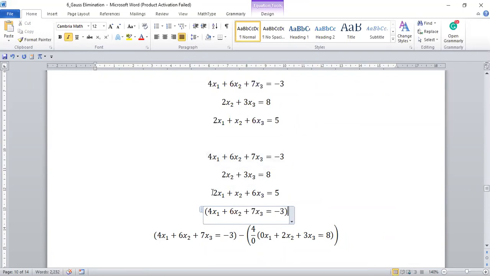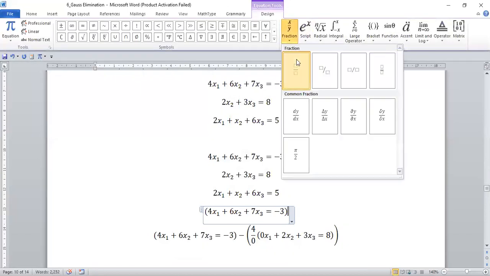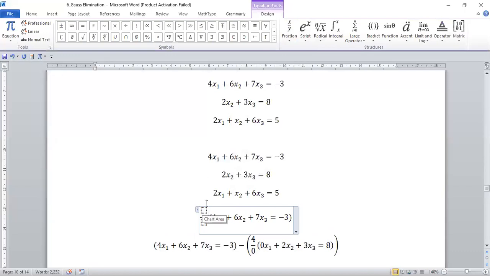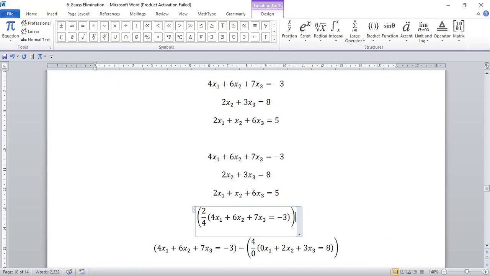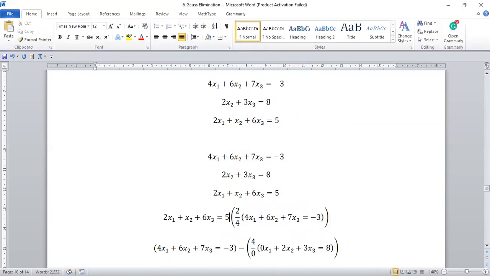Multiply the first equation by 4 divided by 2, or divided by 4, then the product of the multiplication, you're going to subtract it from the equation you are trying to eliminate, which is the third equation.